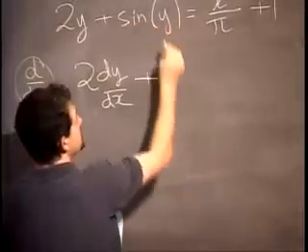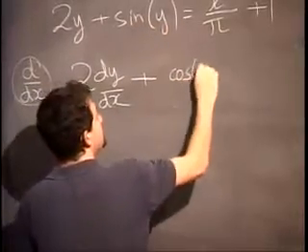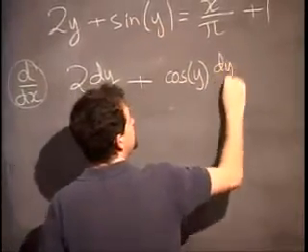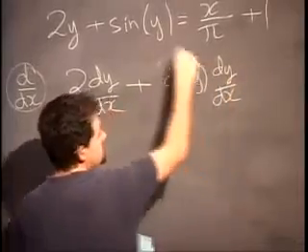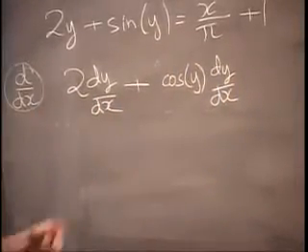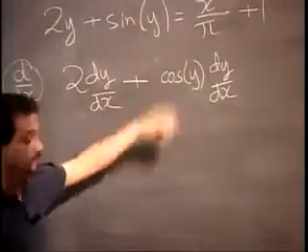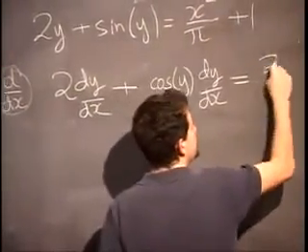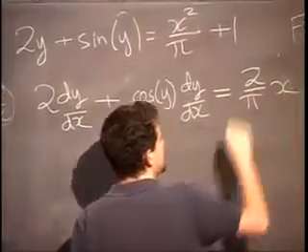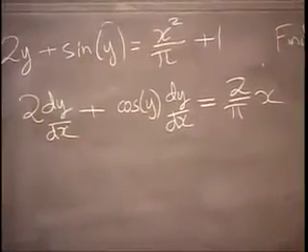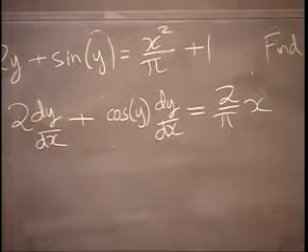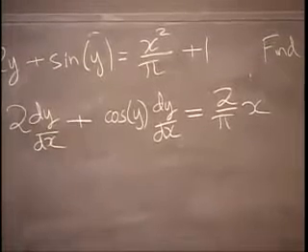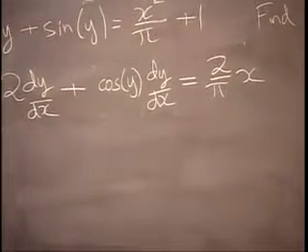You just get the derivative with respect to y, cosine y, and multiply by dy dx. So check that with the chain rule if you want to. But by now, we might actually be able to do it in our heads. The derivative of x squared is 2x. So we've got the factor of pi down there, and the derivative of 1 is nothing. So there is the equation for dy dx.